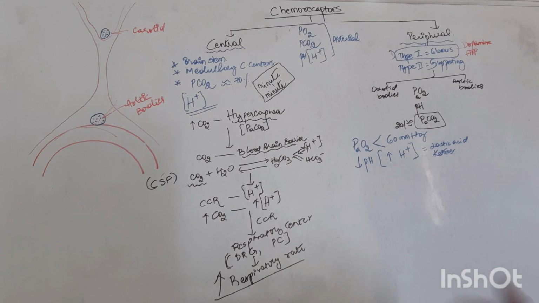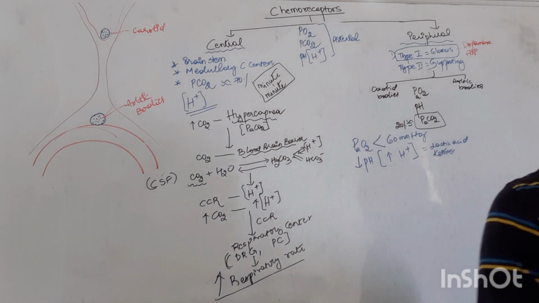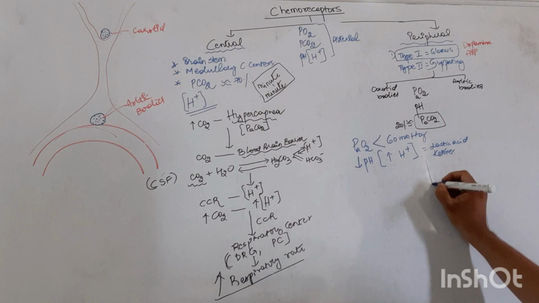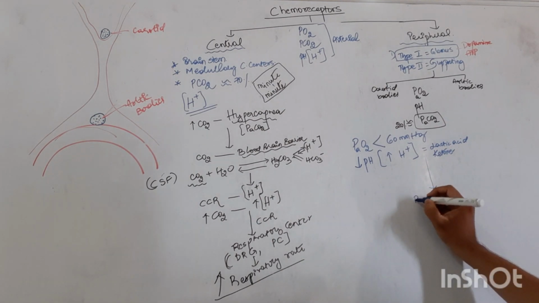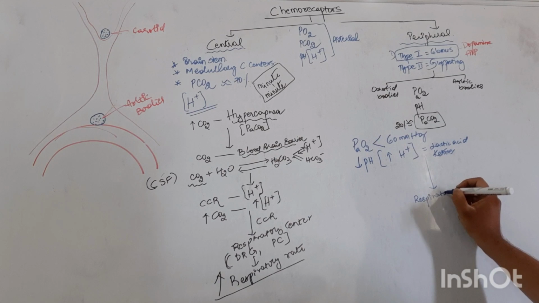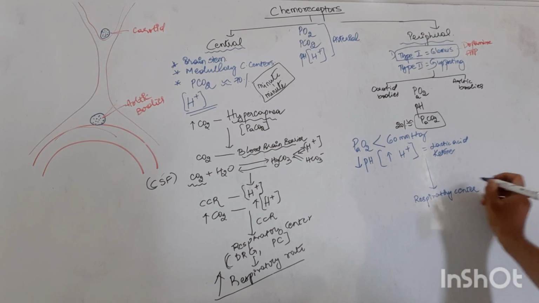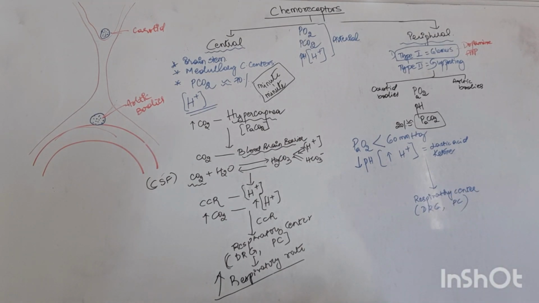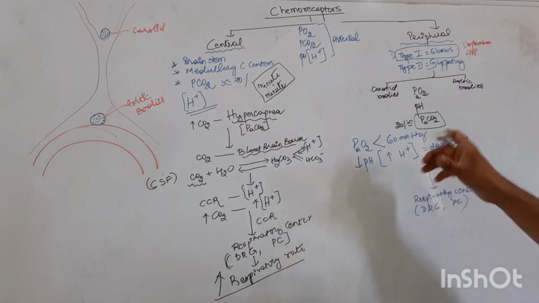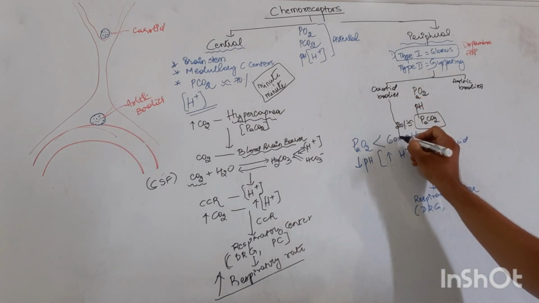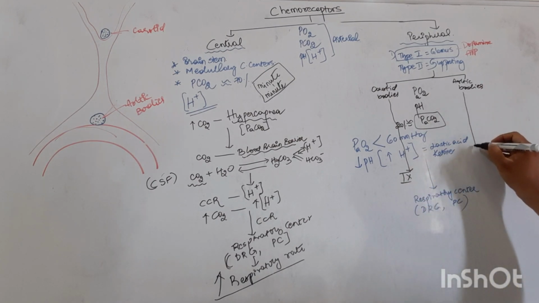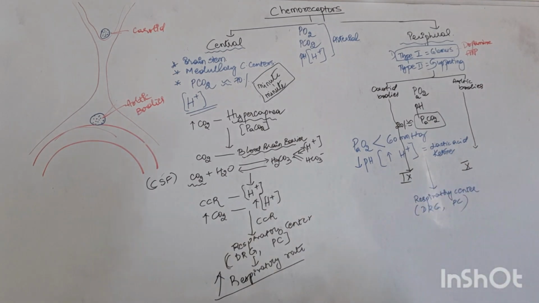So, whenever the partial pressure of the oxygen is decreased to 60 mmHg or there is decreased pH, they send the signal to the respiratory centers, especially the dorsal respiratory group and the pneumotaxic center, via the 9th cranial nerve if it is from the carotid bodies, and the 10th cranial nerve if it is from the aortic bodies.